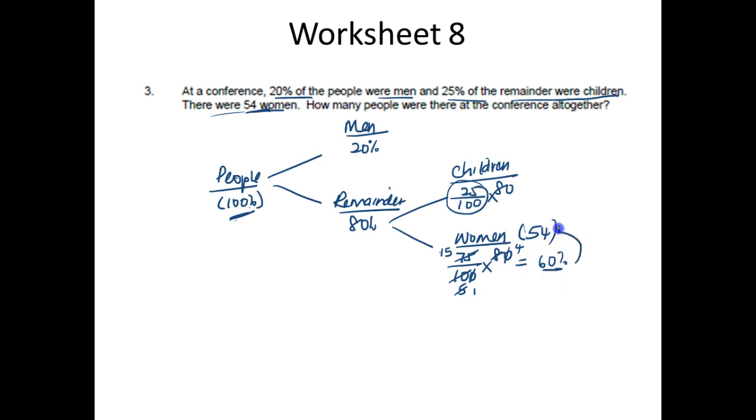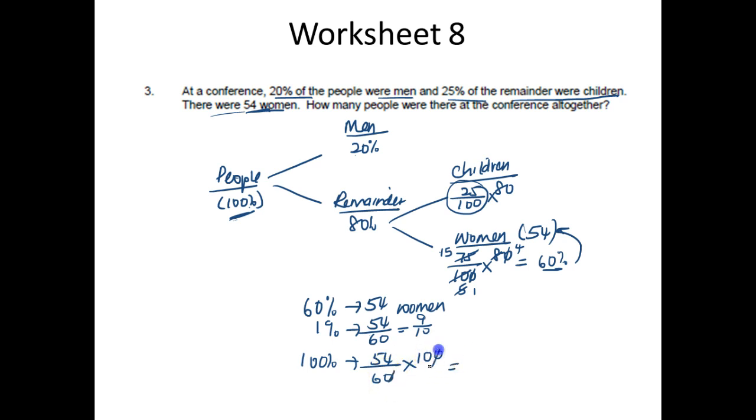So 60% is my 54. 1% is 54 out of 60. For 100%, 54 out of 60 divided by 6 will be 9, 10 times 100. The answer is 90 people at first.